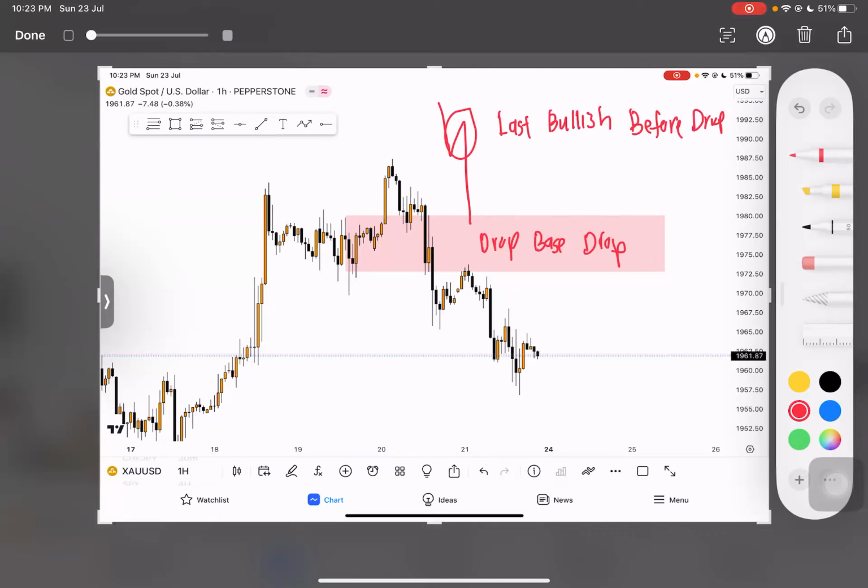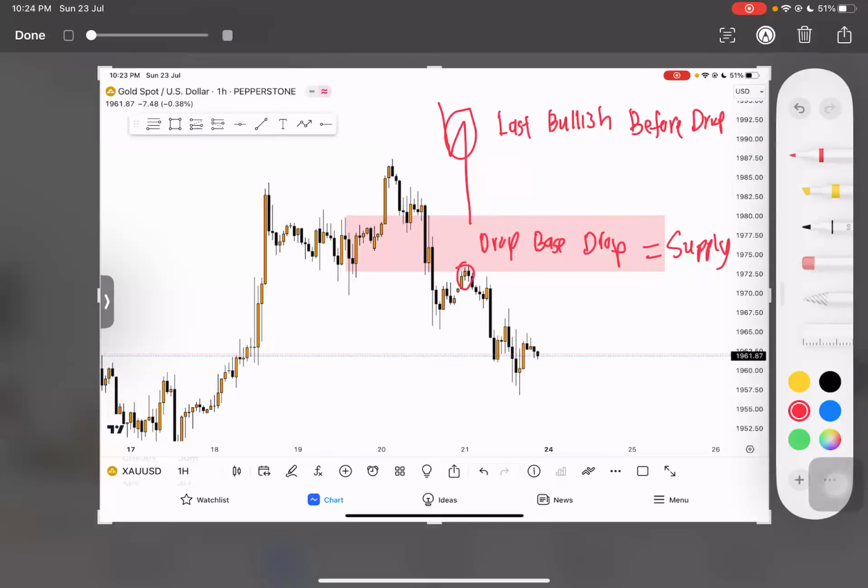So this area will become the supply zone right here. After the rejections, you can enter. I would say this is the minimum requirement for you to enter in the continuations.